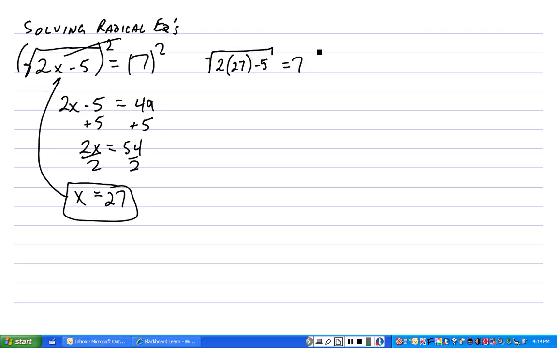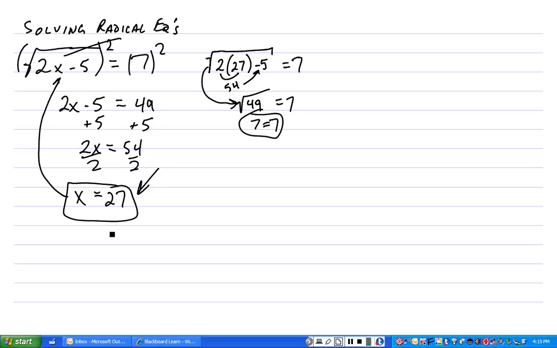First of all, 2 times 27 is 54. Then 54 minus 5 is 49. And it's under the radical sign, and that's supposed to equal 7. What does the square root of 49 equal? 7. 7 equals 7. Alright, so x equals 27 is the solution for this equation.